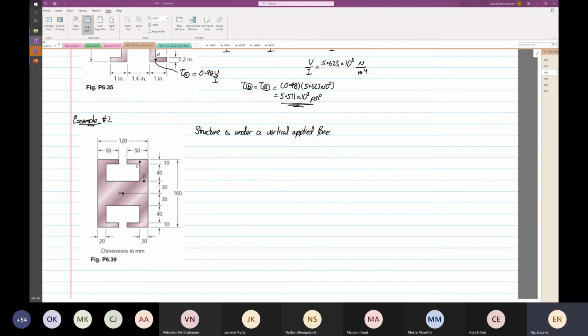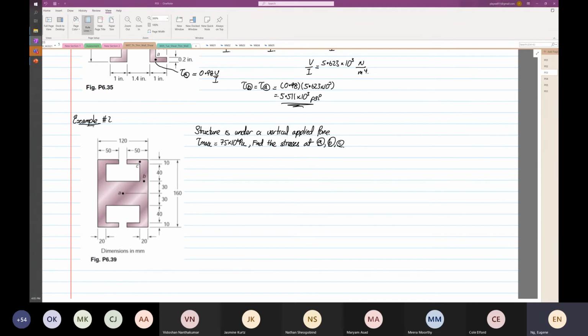Knowing that tau max is equal to 75 times 10 to the power 6 Pascal, find the stresses at points A, B, and C. So that's what we have to do now.